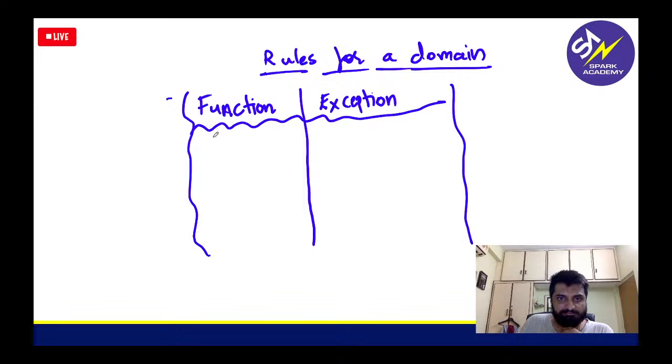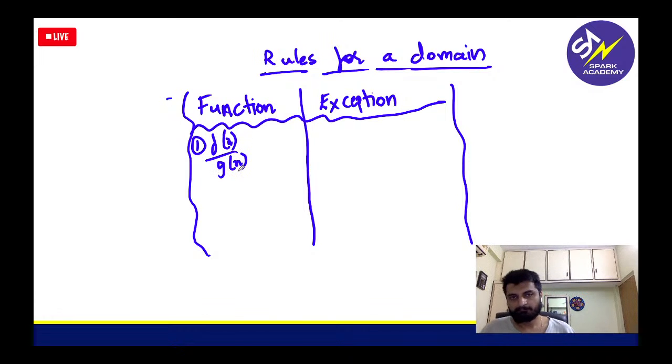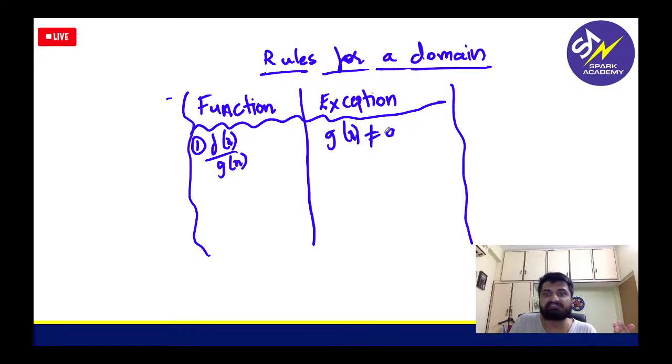Now tell me, what if you have some function divided by another function, what is the exception? Basically, if you have something like numerator by denominator, you know that generally in math the denominator should never be 0.